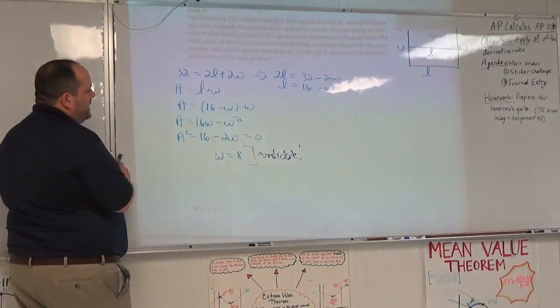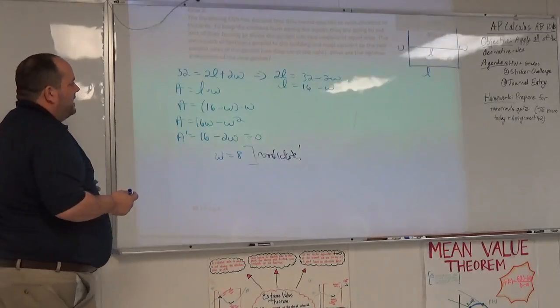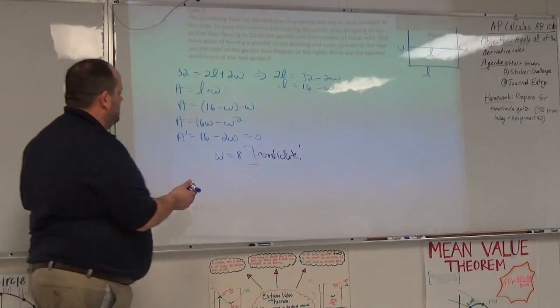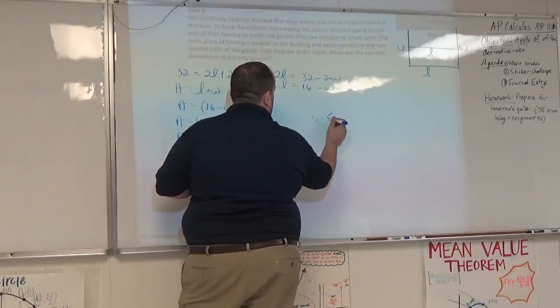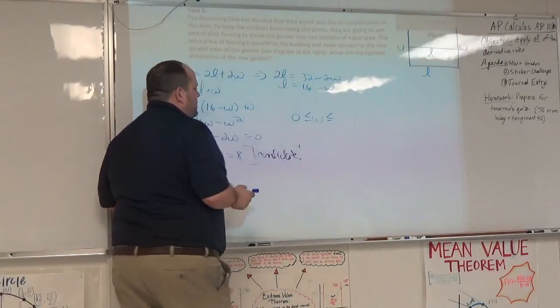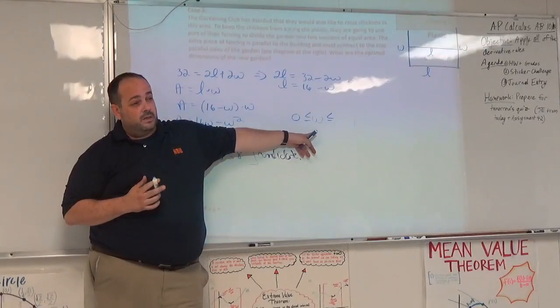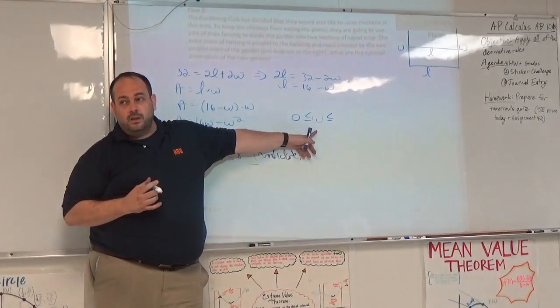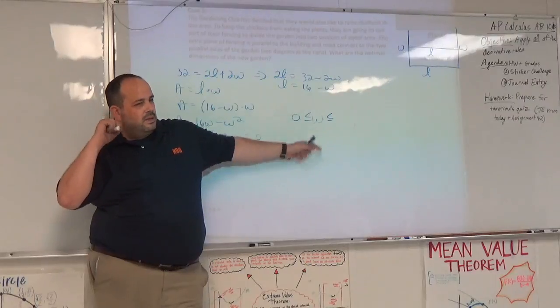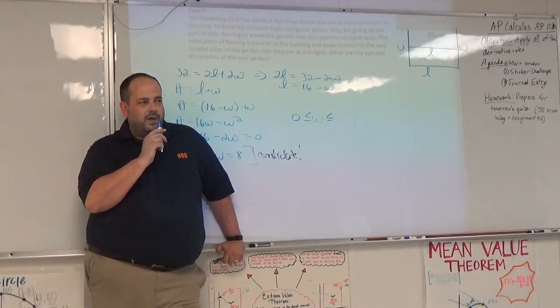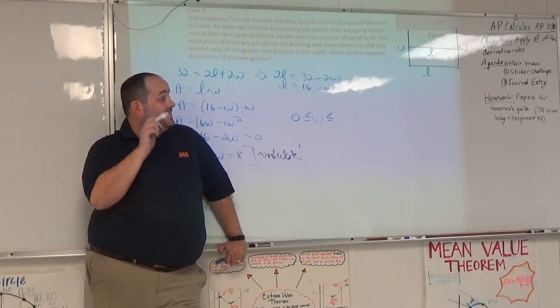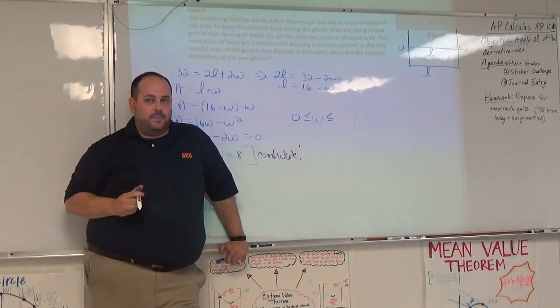All right, if that's my candidate, I'm curious, do I have domain restrictions in this case? Pretty sure I have a lower limit of 0 for my width. What's the upper limit for the width? I think it is 8. But it's actually not going to be 8 as your upper limit. It's 16.